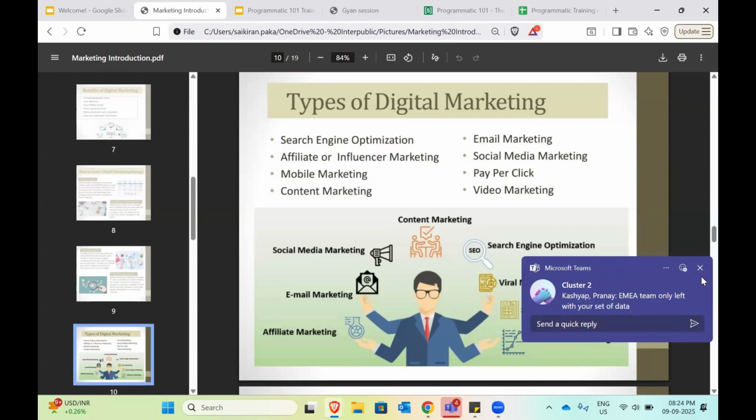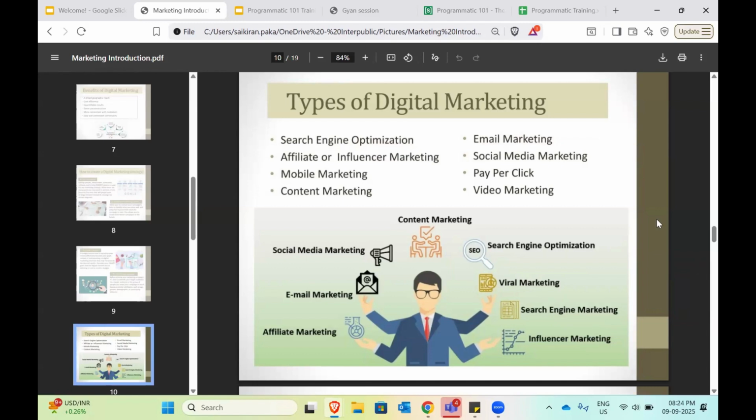Affiliate marketing is something where, like, I'm Amazon and I list products. People come to me and purchase. But if you are a customer who regularly purchases products on Amazon, there is something called an affiliate program where you see an opportunity: there are a lot of products on Amazon that maybe people are not aware of. Maybe there is a new AC that has been launched with an offer.